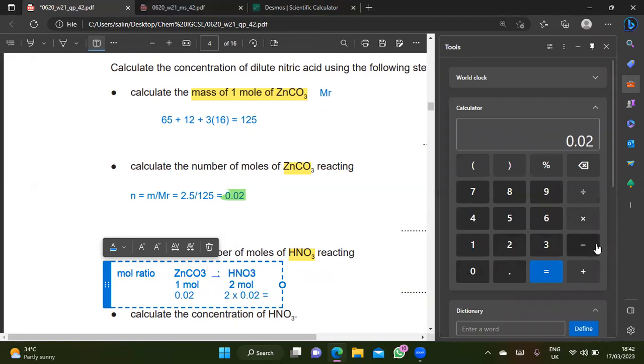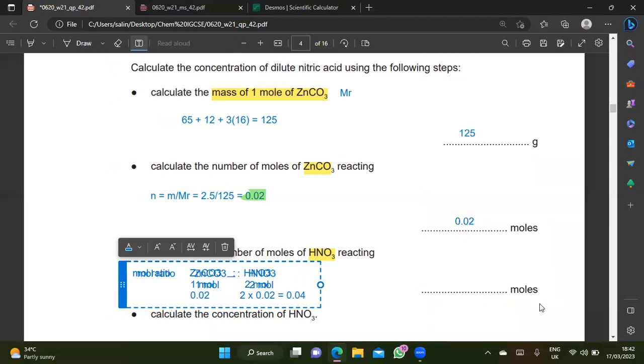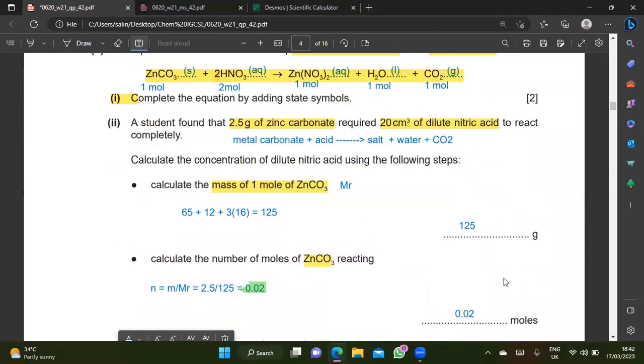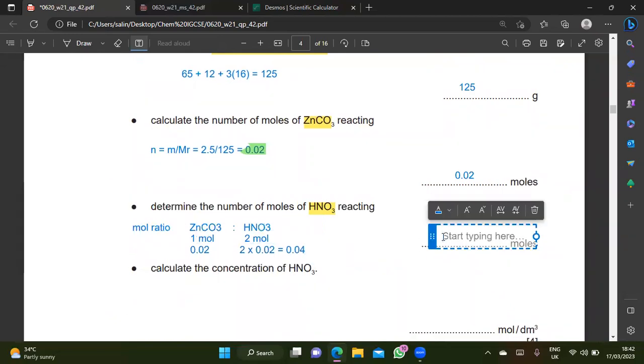So that's why we're not doing mental arithmetic here. I know you can do it, but this is IGCSE, you have to show your working to get full marks for this. Let's have a look at the marks. How many marks here? There's a lot of marks here. So you're going to put 0.04.